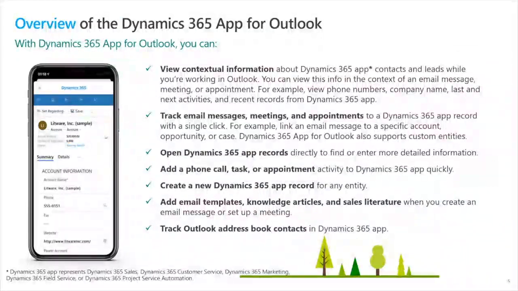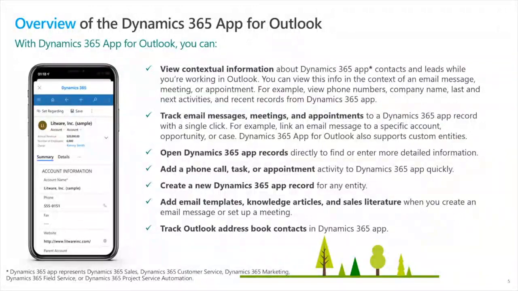It also allows, of course, users to track email messages, meetings, and appointments to record in Dynamics 365 in a single click. You can open Dynamics 365 records directly from the app to find or enter more detailed information. You can add seamlessly phone calls, tasks, or appointments to Dynamics 365 records right from the app. You can create new records using the quick create feature.